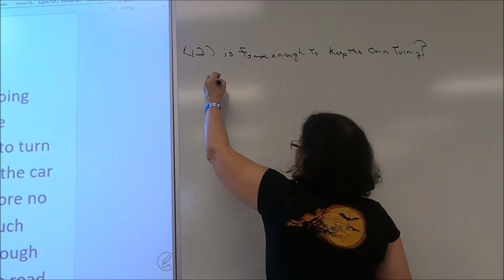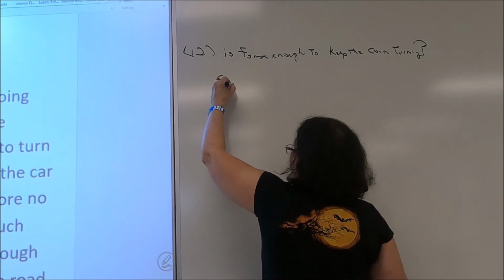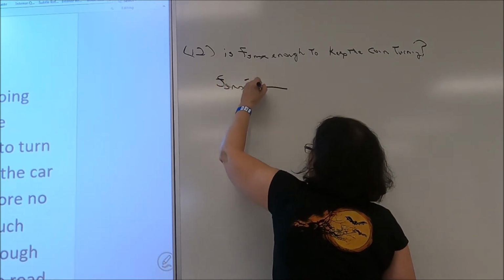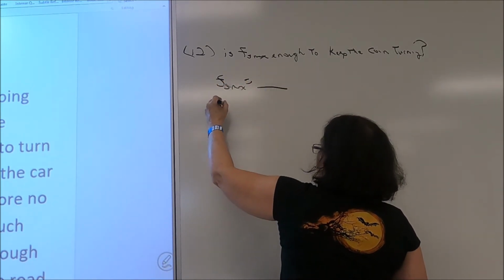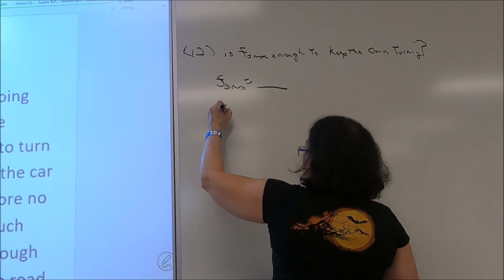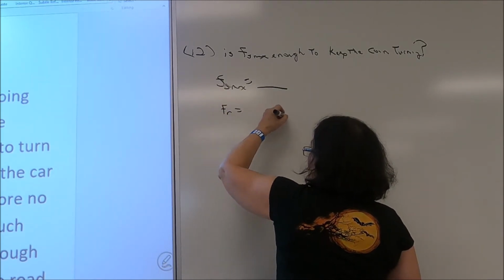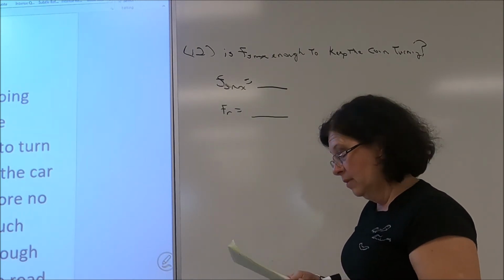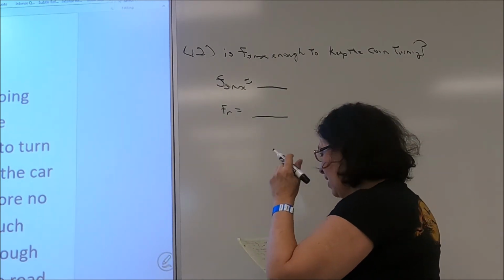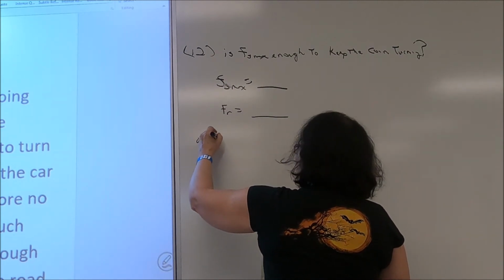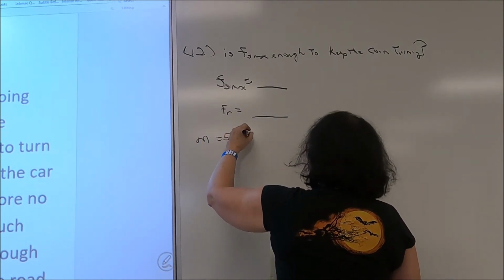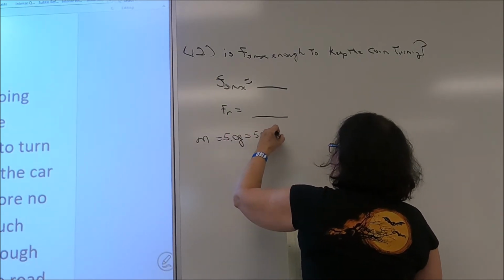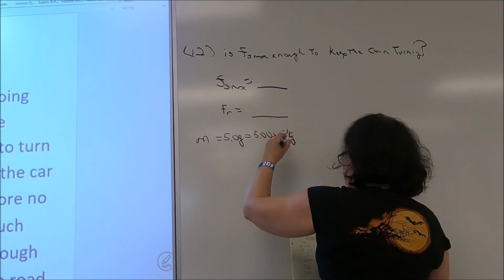Okay? So one thing we want to get is F sub s max. That's one thing we want to solve for. And we want to solve for force radial, and then we're going to compare the two. Now the pieces of information we're given: the mass is 5 grams, so that's 5.00 times 10 to the minus 3 kilograms.